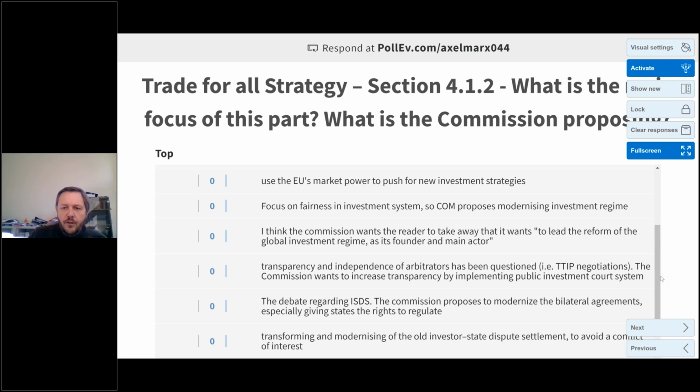It does not only support the idea to change the regime, but also it should be leading the regime. And it actually sees us doing this in the context of specific types of negotiations like the TTIP.